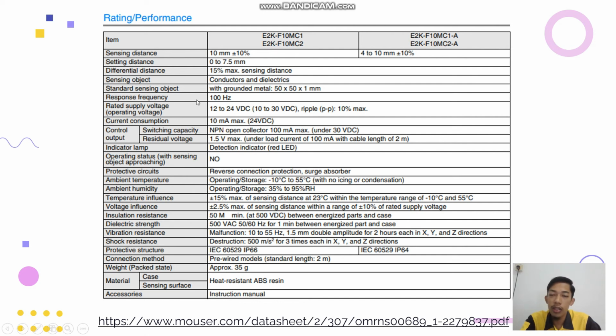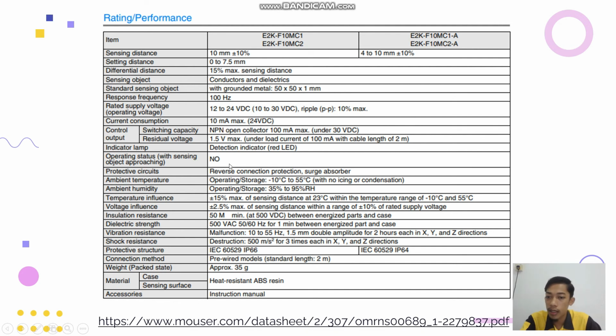The response frequency for this sensor is 100 Hz, and the rated supply voltage is 12 volts DC to 24 volts DC. The current consumption is 10 milliamperes maximum at 24 volts DC. For the control output, the switching capacity is NPN open collector, 100 milliamperes maximum, and the residual voltage is 1.5 volts maximum under a load current of 100 milliamperes with a cable length of 2 meters.